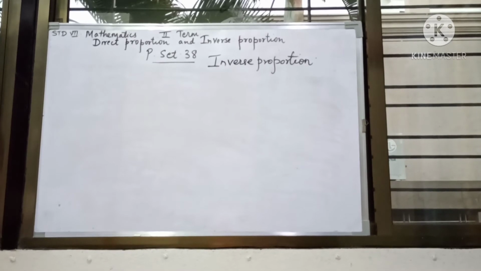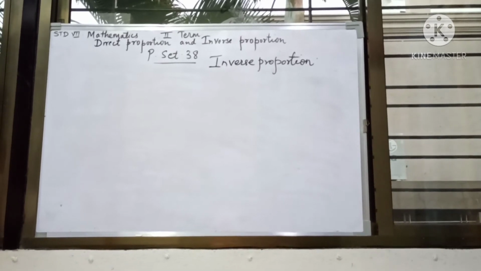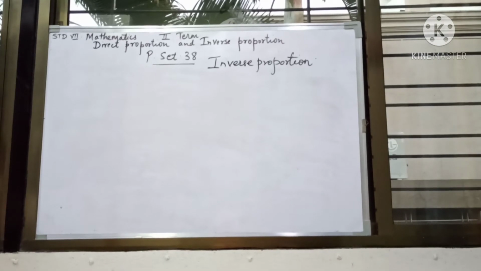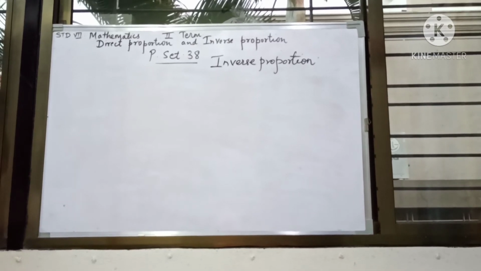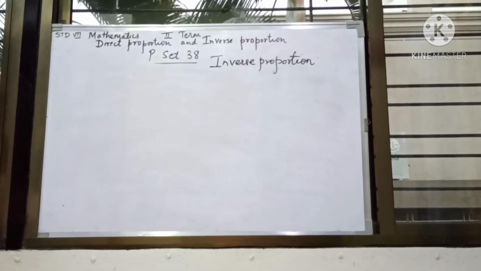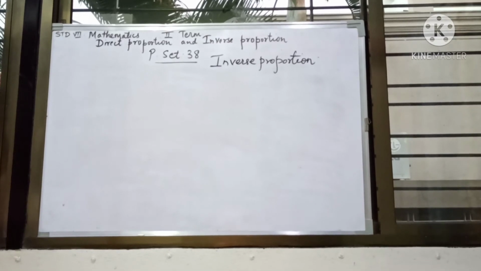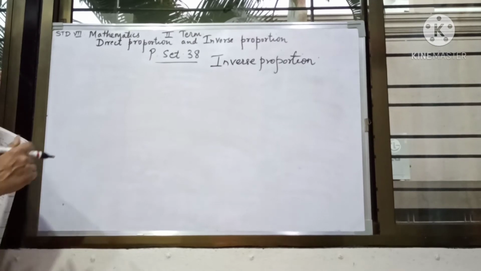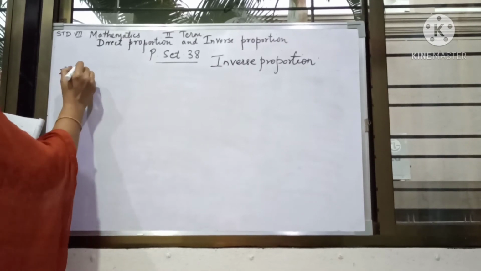How many pages must he read in a day to finish it in 8 days? Now, for 40 pages, he requires 10 days to read that book. Now here the number of days is reduced, so the number of pages will increase. This shows inverse proportion.